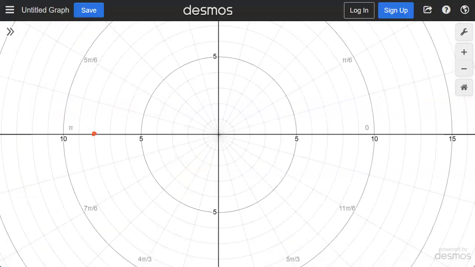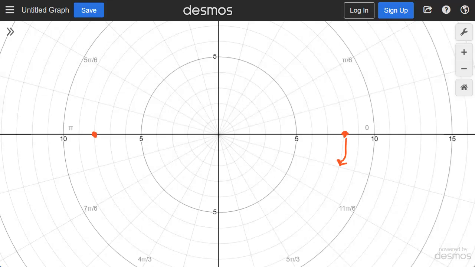So remember, this is where the point is at, and we want an r that is positive. So really, if r was positive, we would first have started over here. And if I want a theta that's negative, then I need to open in this direction.